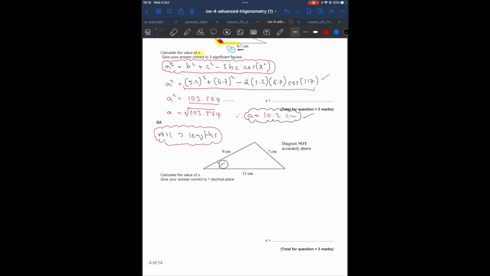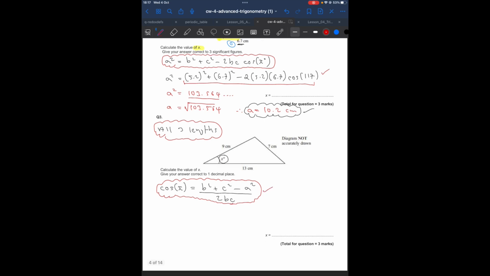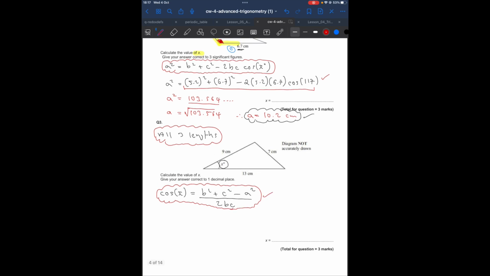Now, the cosine rule for working out an angle, or the rearranged cosine rule, is cos x equals b squared plus c squared minus a squared all over 2bc. There will be a separate video on how to get this formula from the cosine rule that's given to you in the formula sheet. But for the time being, we're not worried too much about this, and we're just going to accept this rearranged formula as the one that we need.